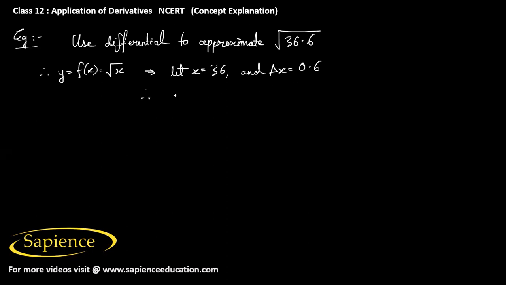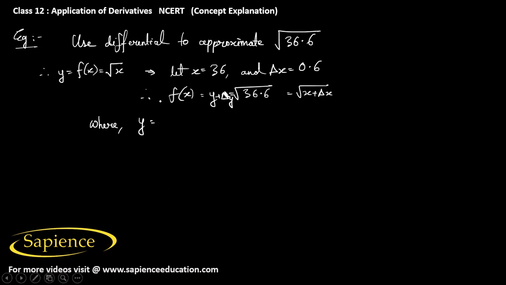So now therefore f of x, which is y, is equal to root over 36.6, which is equal to root over x plus delta x. So this is y plus delta y actually, where y will be equal to root over 36.